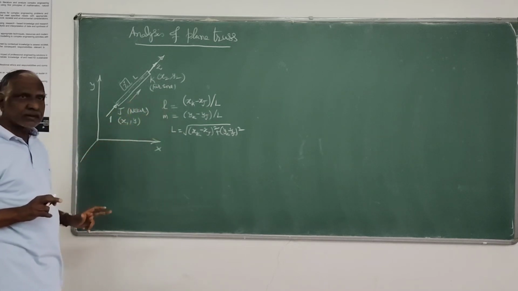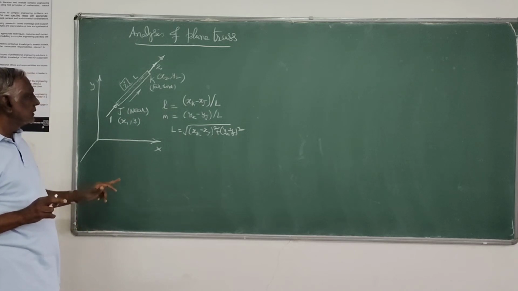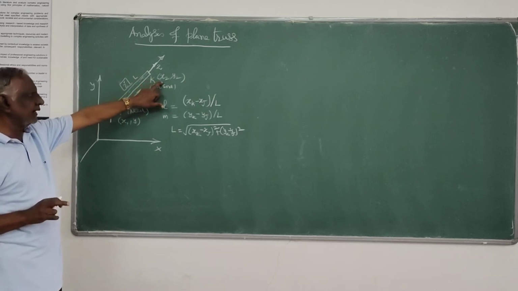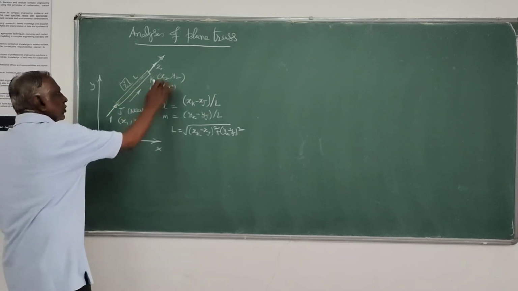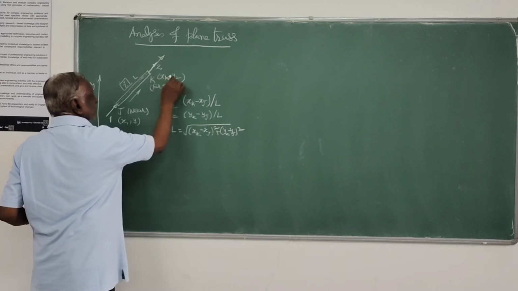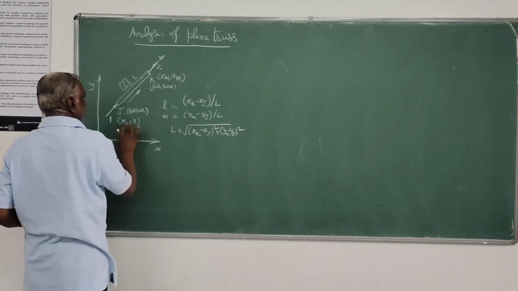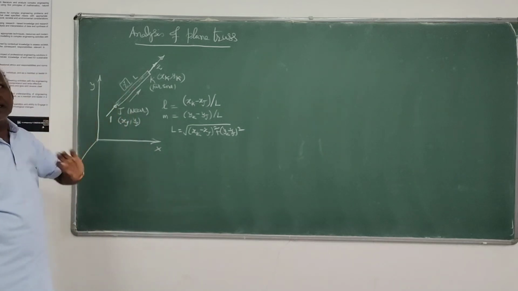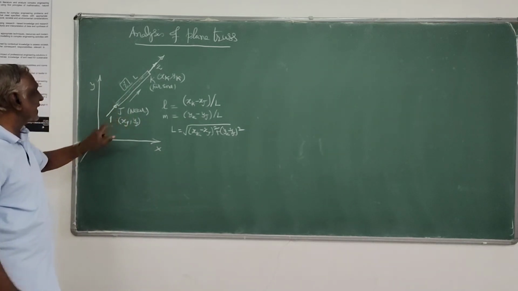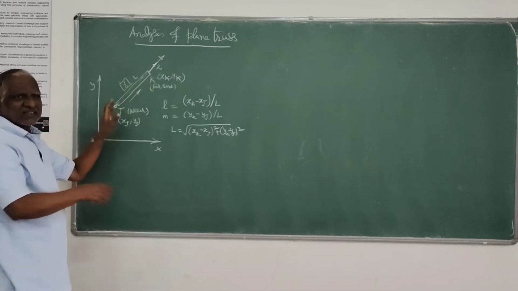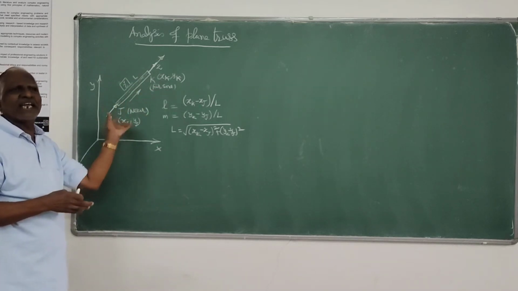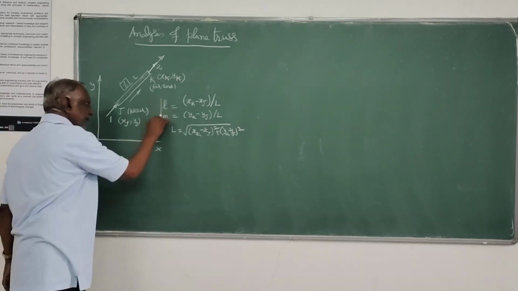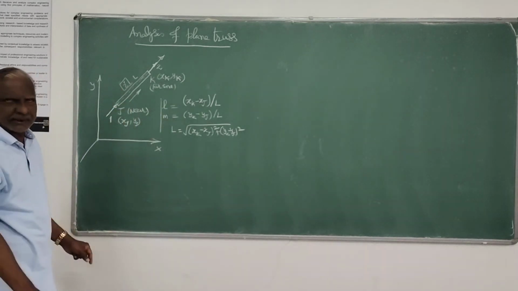So the coordinates are xj, yj, xk, yk, for the near and far end, J and K. Instead of x2, I can call it xk, yk. These are the coordinates. Instead of 1 and 2, I will use j and k. So these member properties we have to determine.